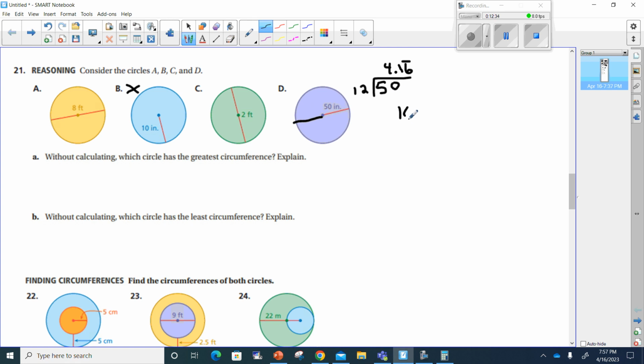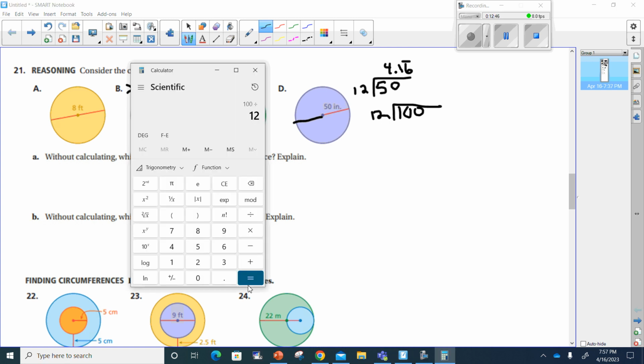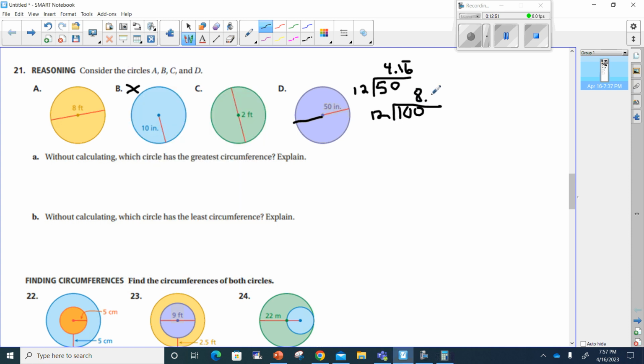That's 50. This is going to be another 50. So that's 100. And we're dividing 100 by 12. 100 divided by 12 gives us 8.3 repeating. So 8.3 repeating is bigger than 8 feet. So D has to be the biggest one. Without calculating, wow, I calculated, didn't I? Oh, well. I would have to say after seeing this was 100, it was going to be D regardless. But that is my explanation.